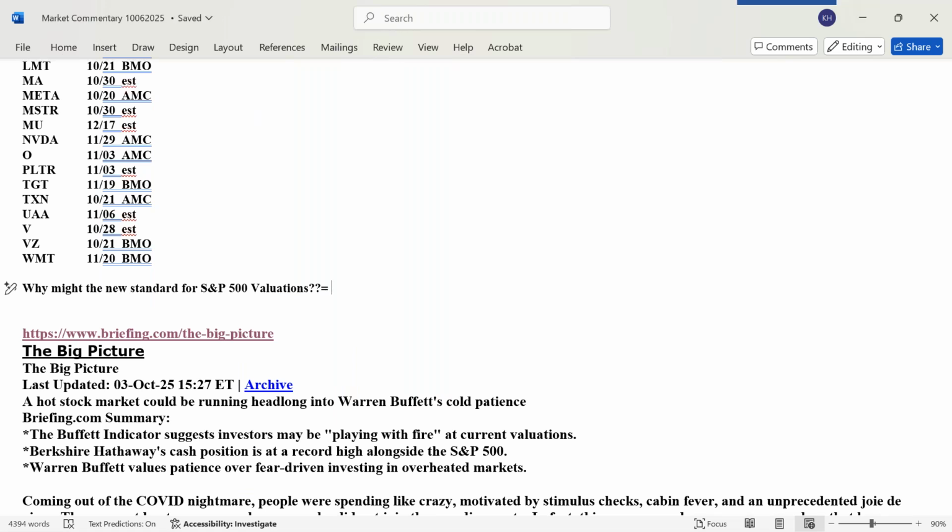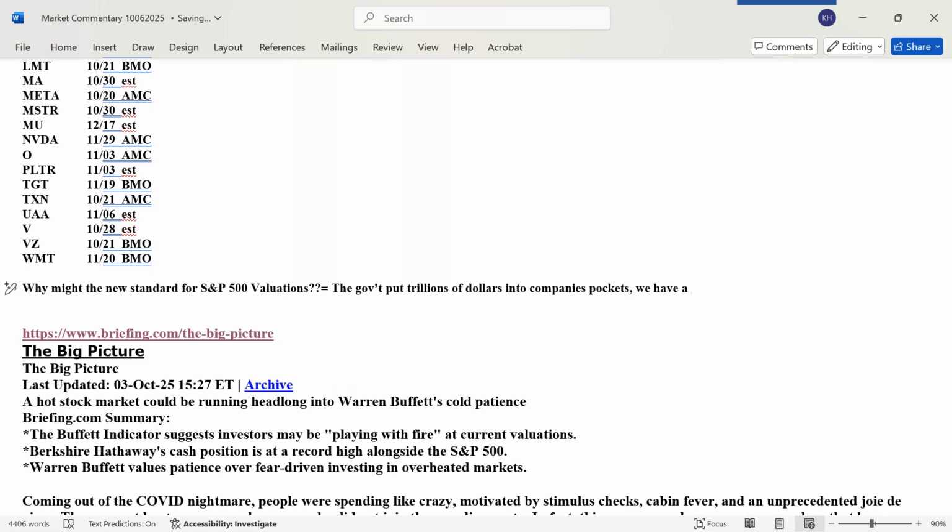But we're looking at new valuations. The government put trillions of dollars into companies' pockets.